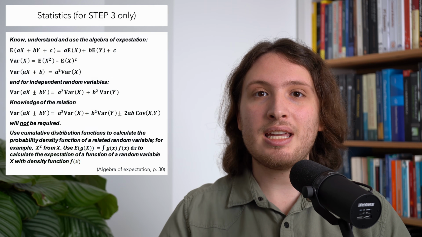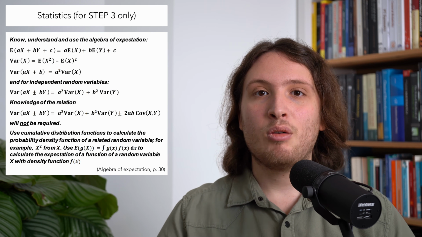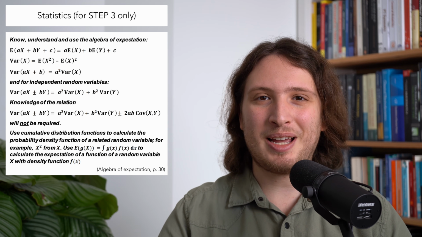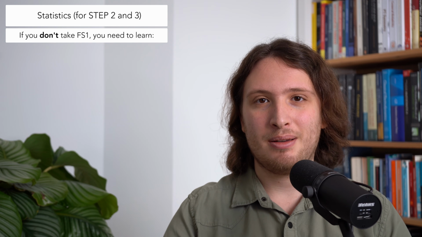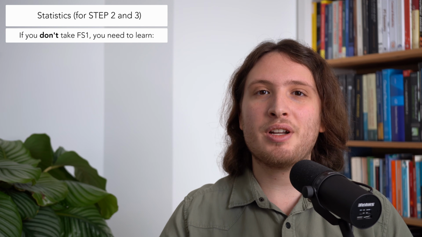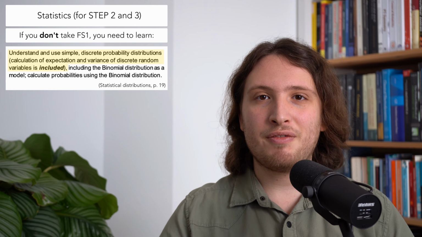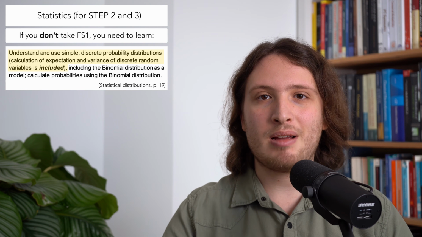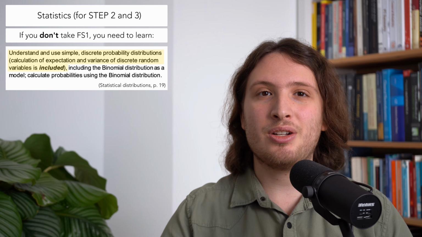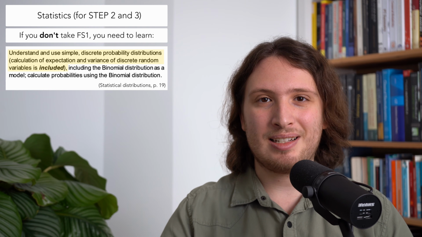For step 3, you'll also need to be familiar with key results from the algebra of expectations. If you don't take FS1, there's a little bit of extra statistics material that you'll need to cover, and this is all relevant for both step 2 and step 3. You'll need a little bit more intuition behind what a random variable is, and you'll need to be proficient dealing with discrete random variables, including the calculation of their expectation and variance.